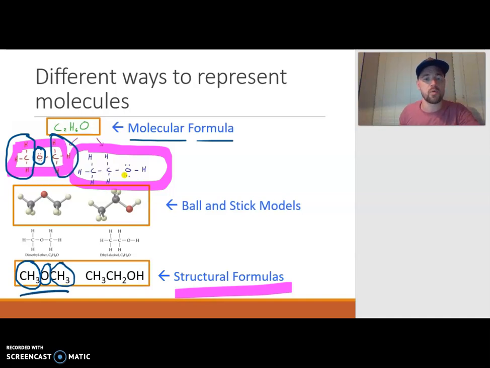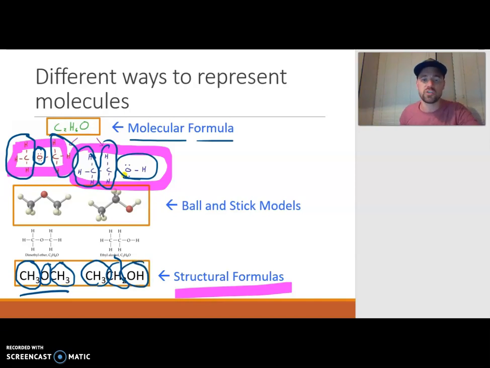That tells me a lot more information about what the molecule looks like. The second one would be written as CH3, then CH2, and then finally OH.